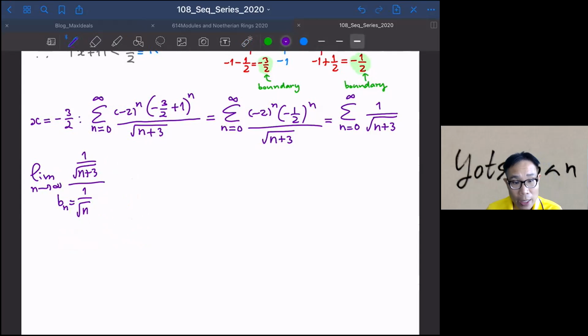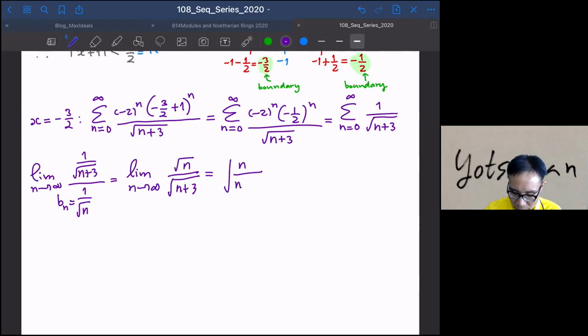And you see that this one will be the limit as n goes to infinity of root n over root n plus 3, and this limit is quite easy, so it's going to be n over n plus 3. And so the limit is equal to 1.